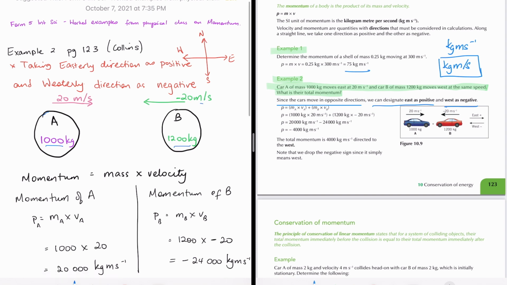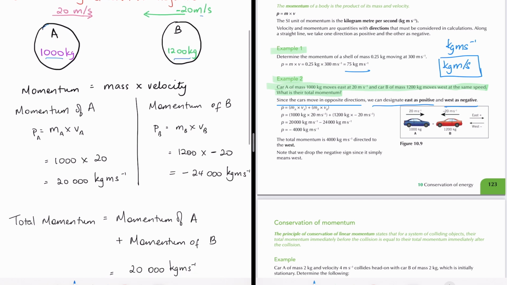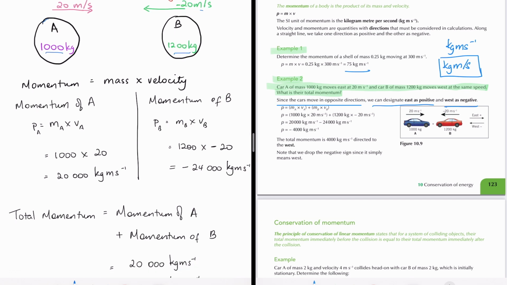Let us look at the momentum of A. Momentum again is P is equal to M by V. So the momentum of A is going to be P subscript A. The mass of A is 1,000 multiplied by the velocity that A is traveling at. So 1,000 multiplied by 20 gives me 20,000 kilograms meters per second.